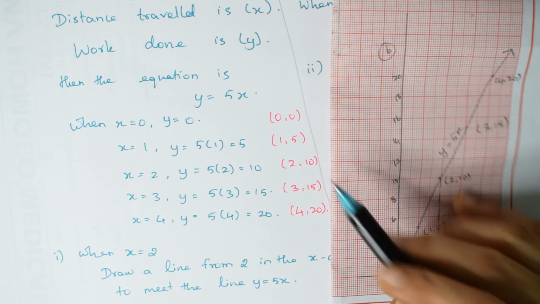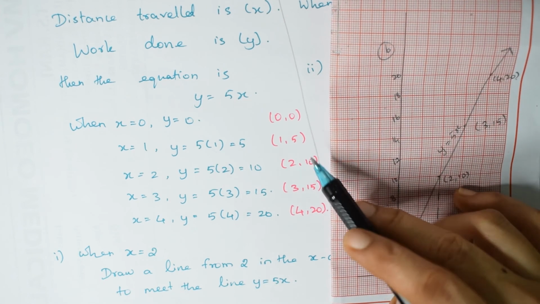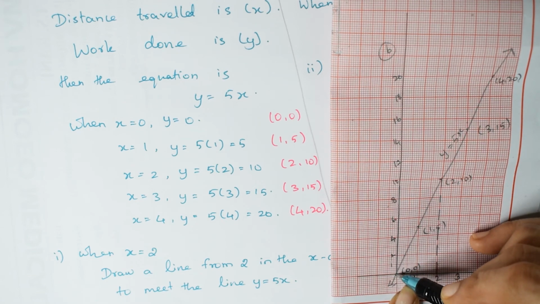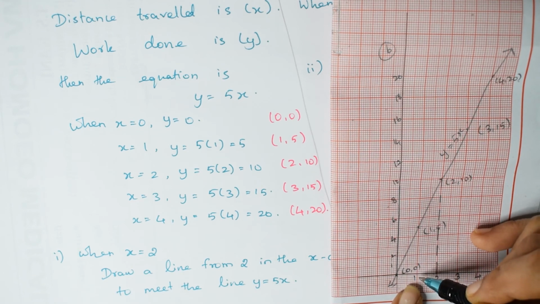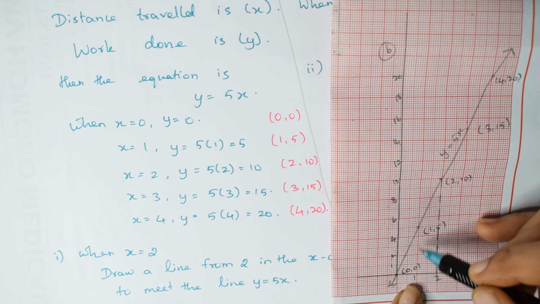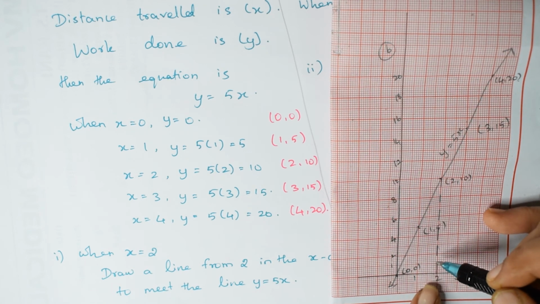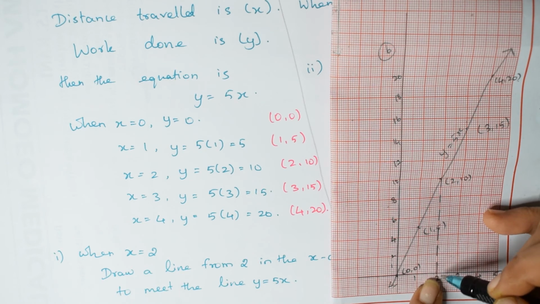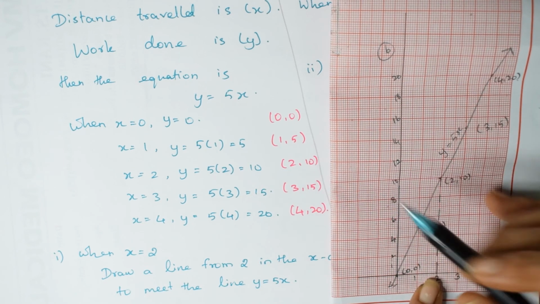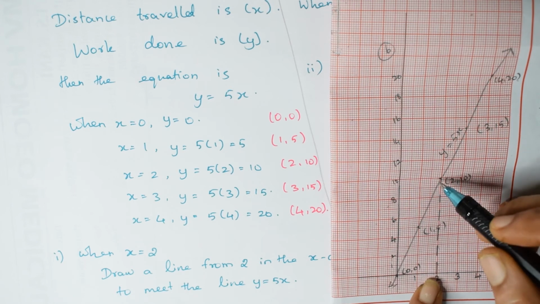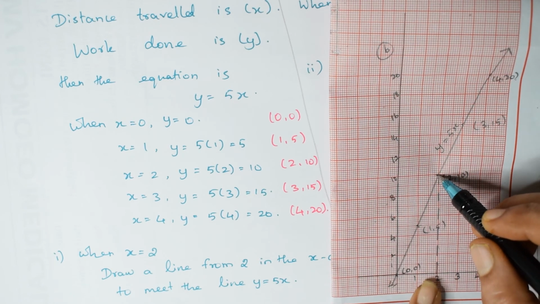Then when I am plotting the points, the first point is 0, 0, at the origin. The second point is 1 comma 5, 1 on the x-axis, 5 on the y-axis. Then when x is equal to 2, the point is 2 comma 10, 2 on the x-axis, 10 on the y-axis. This is the point here.